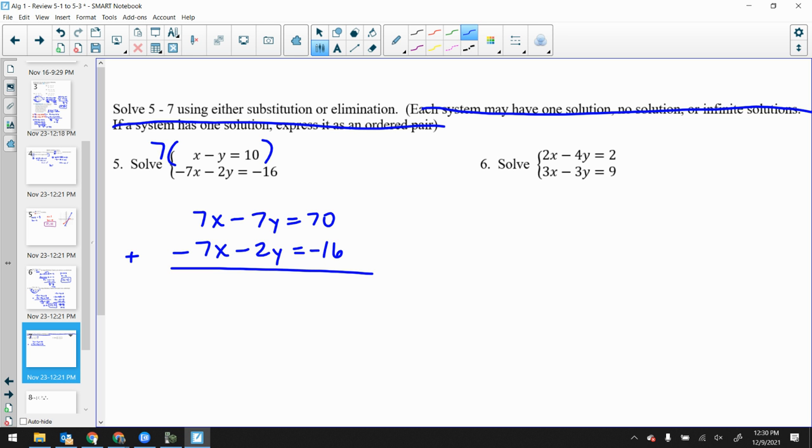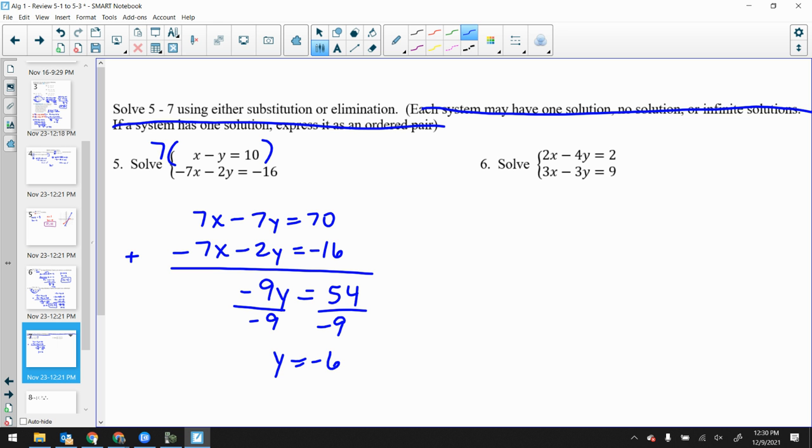The x's cancel. The y's turn into negative 9y. The 70 minus 16 gets us 54, 70 plus a negative 16, obviously. We divide by negative 9. So y is negative 6.